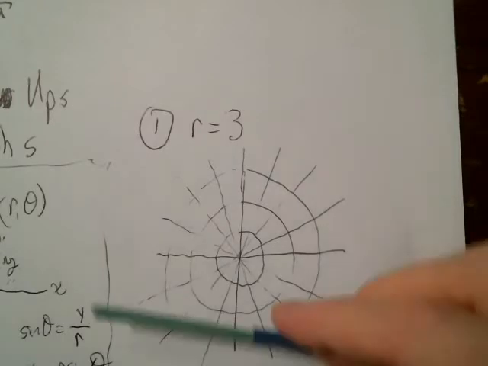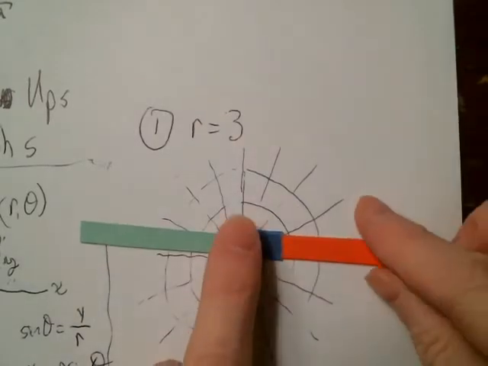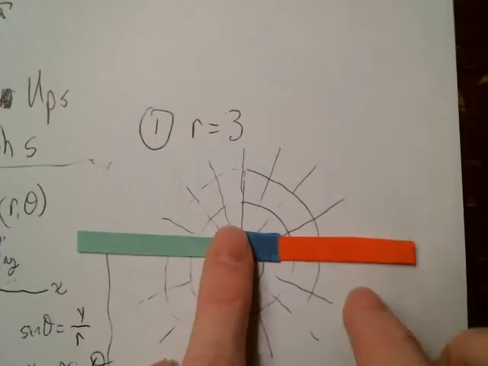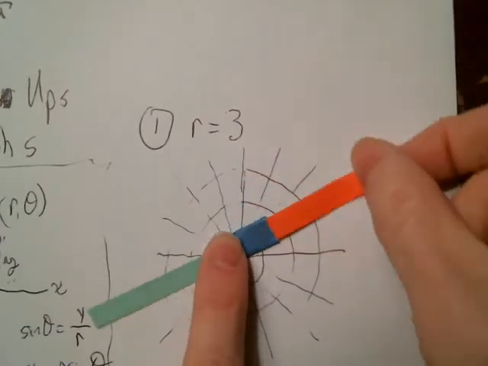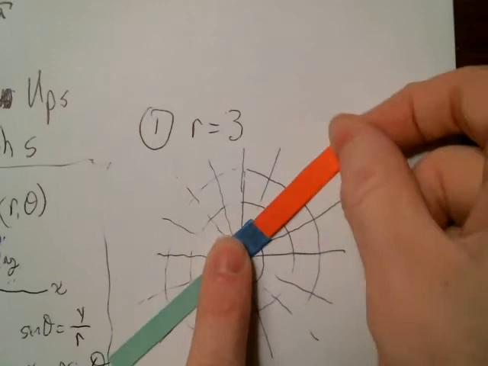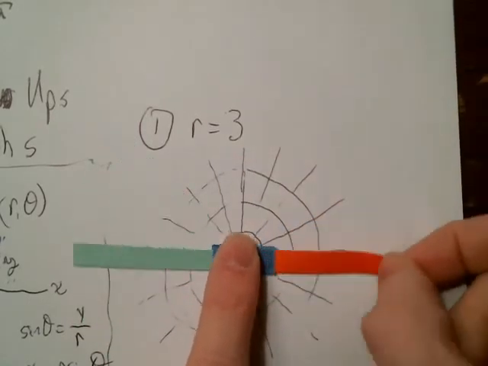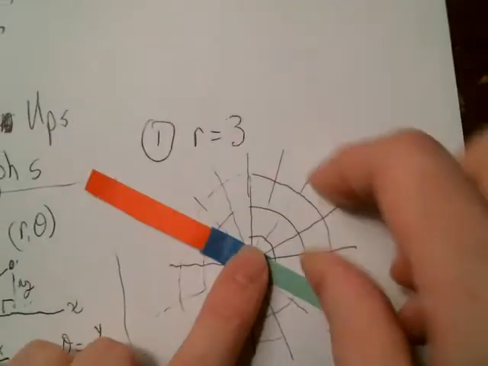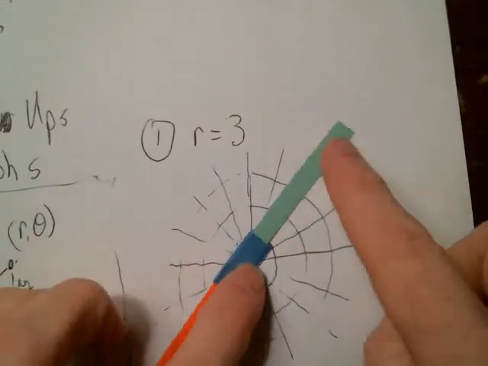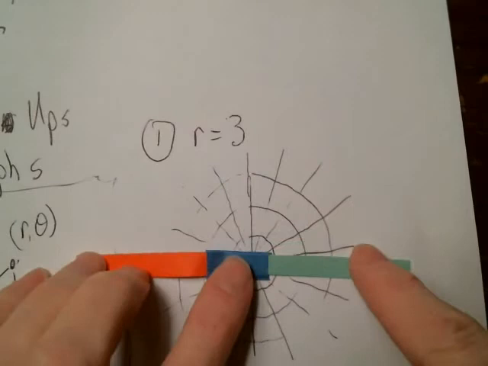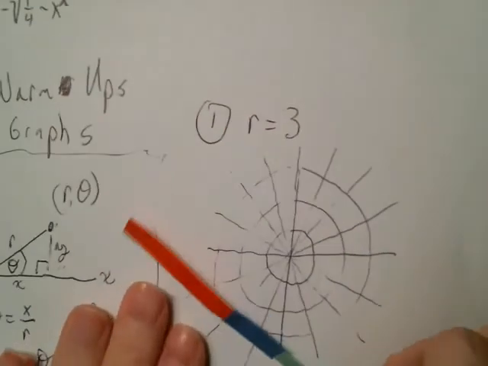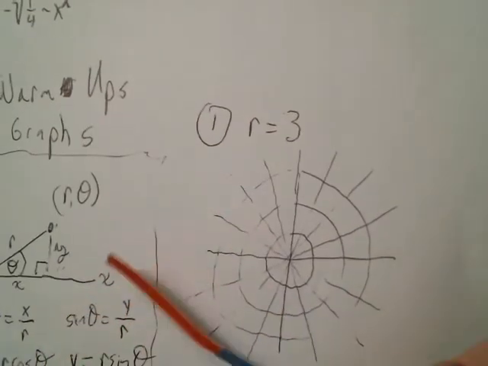To get the graph of r equals 3, I can move this thing with regards to theta. Right now there is no theta, so theta can vary over the real numbers. Theta can be any angle I want it to be, right? Maybe I should put a little hole in this thing. Sorry, I should have thought of that.